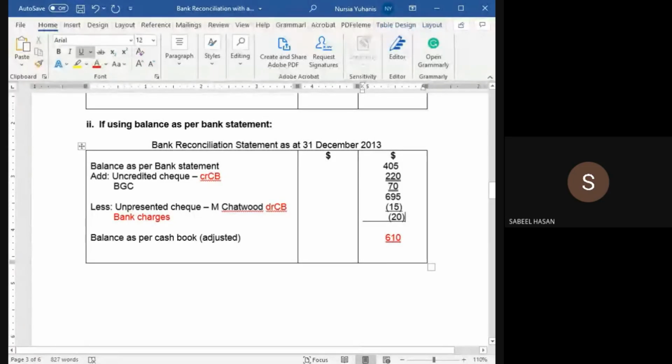So 695 minus 15 minus 20, so you will get 660. So this one should be as per Cashbook.